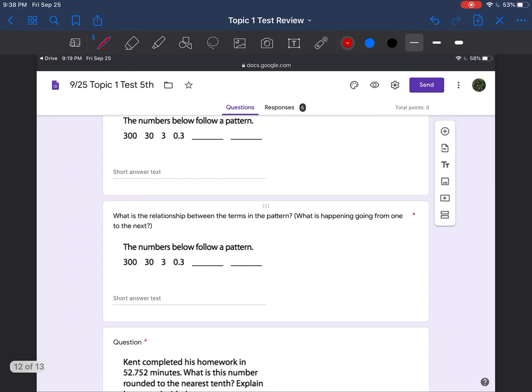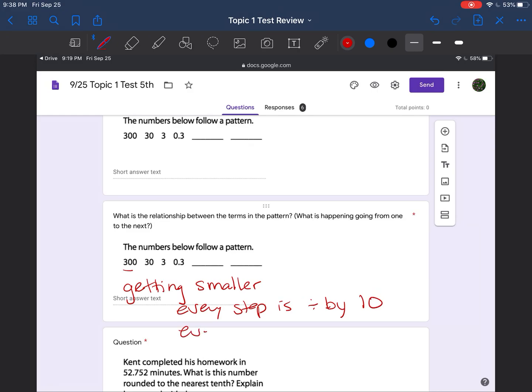And the next question was saying, what's the relationship? So obviously we know it's getting smaller. And we also know every step is dividing by 10, which is the same thing also.